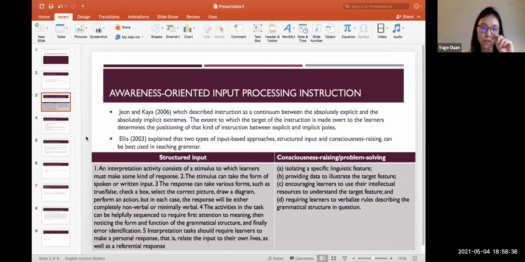Both approaches have their advantages, and it would be very helpful if we can combine these two together. The extent to which the target of the instruction is made overt to the learners determines the positioning of that kind of instruction between the explicit and implicit poles.